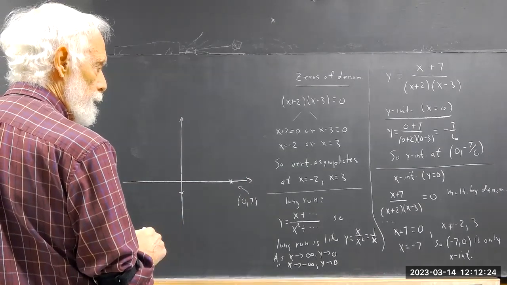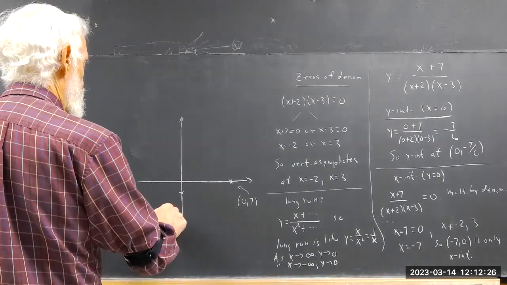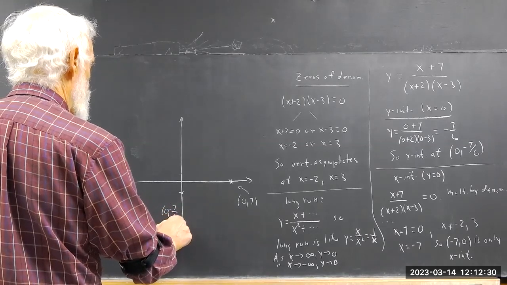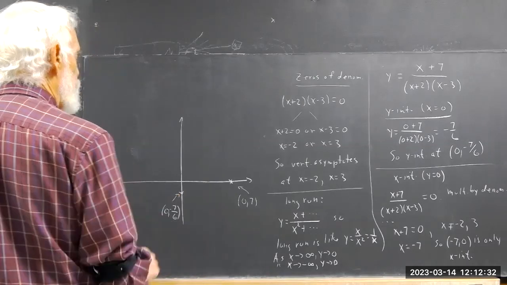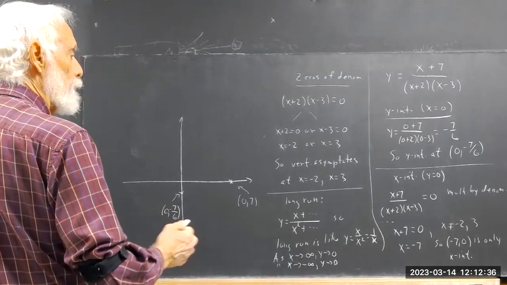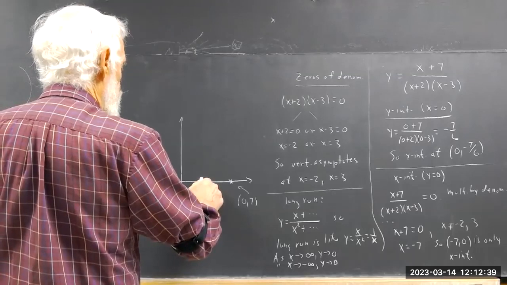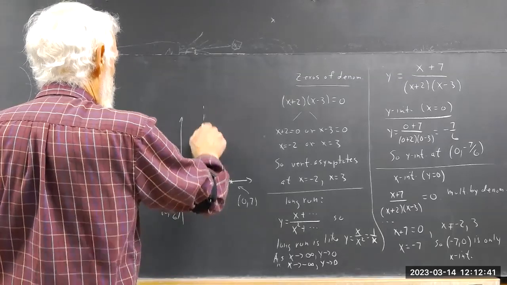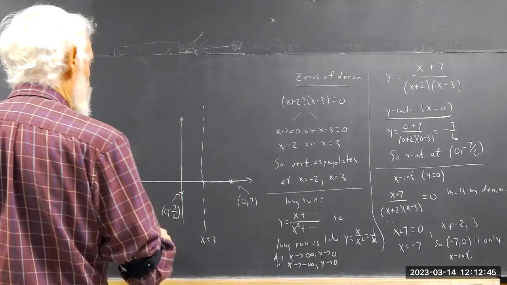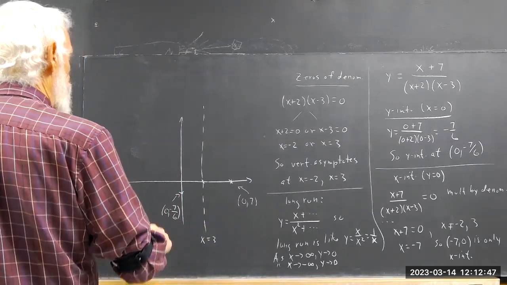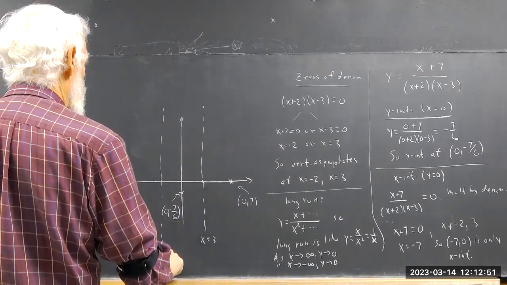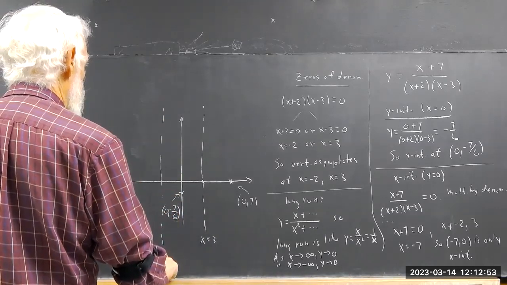And let's see our asymptotes. There's a point 0, -7 over 6. And we have vertical asymptotes at x equals 3 and at x equals -2.